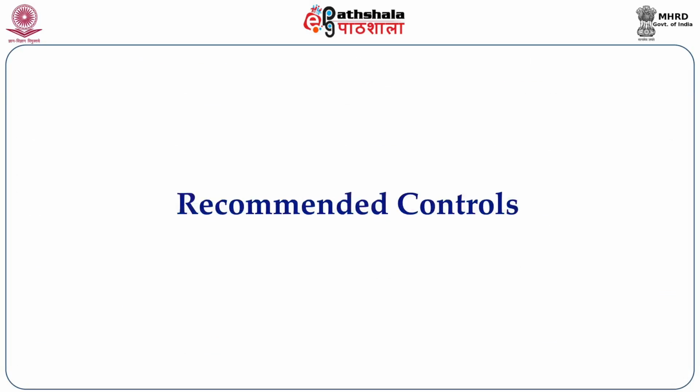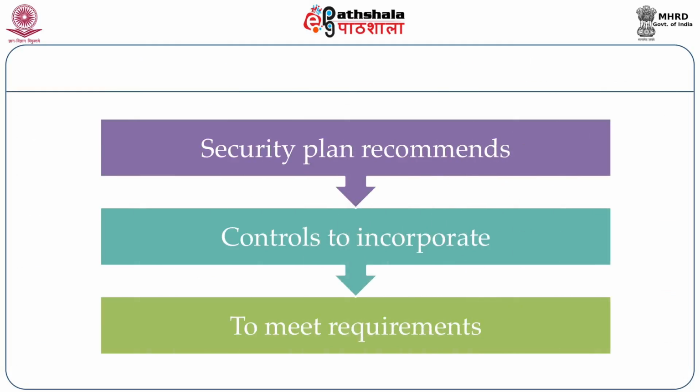Then there is something called recommended controls. I am talking about the fourth issue, that is recommended controls. The security plan must also recommend what controls should be incorporated into the system to meet those requirements.